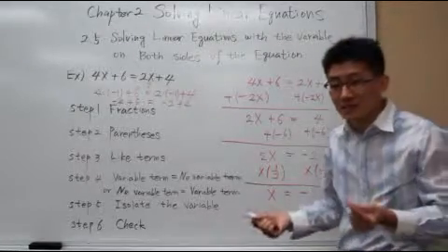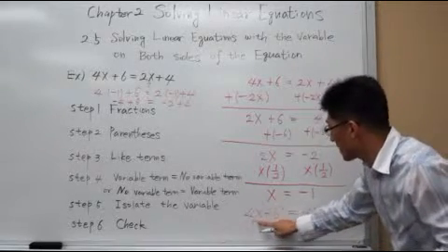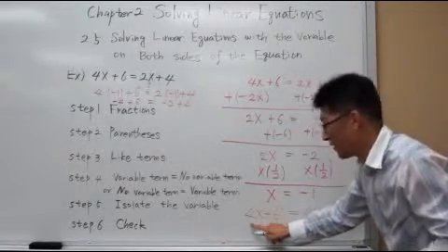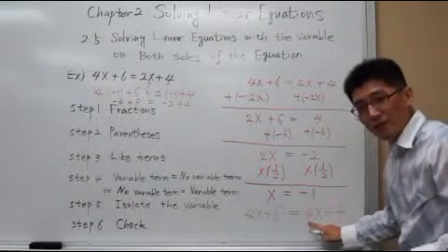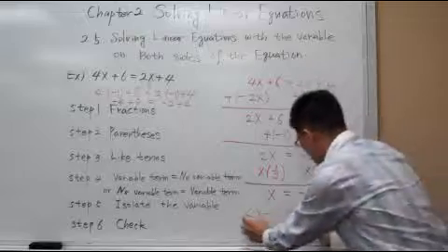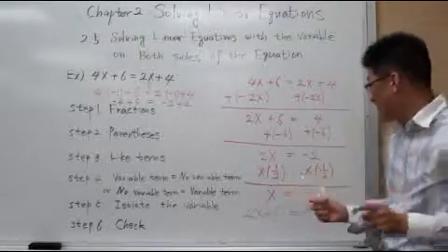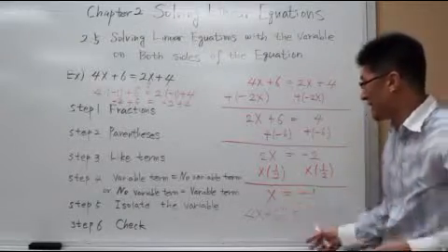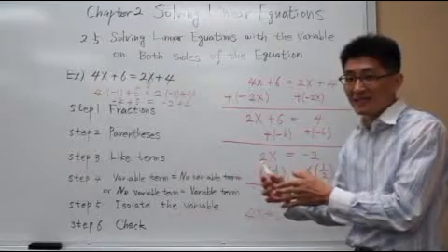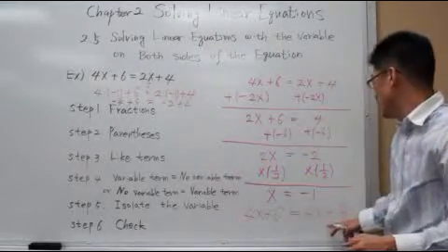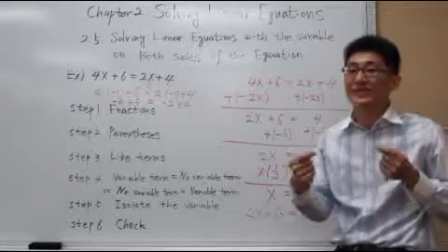Then what happens? Looking at the variable coefficients, the left-hand side is 4 and the right-hand side is 4. The coefficient is the same, so we cannot isolate the variable on the left-hand side or right-hand side. This example we'll do next time.